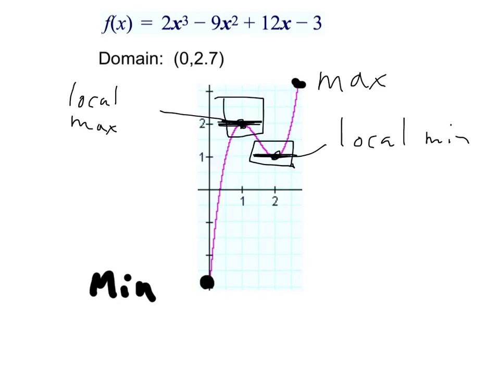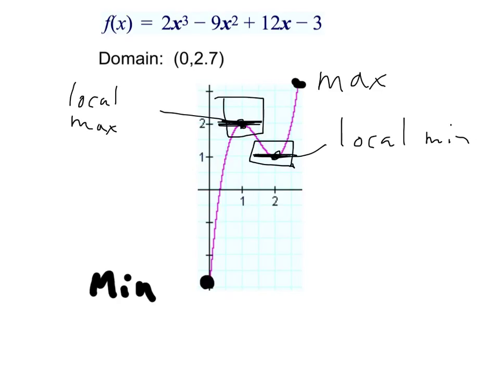Now, lots of AP questions get very, very particular between saying what is the local minimum and where is the local minimum. What is actually talking about the y value, or the value of f at that x point.